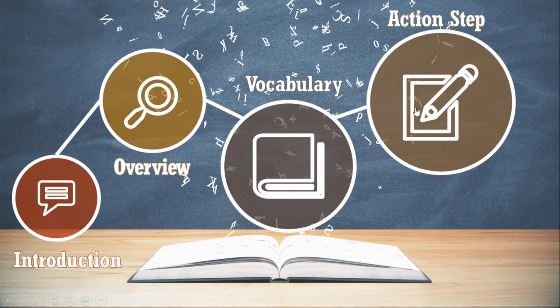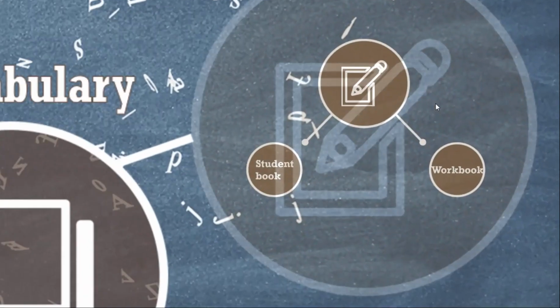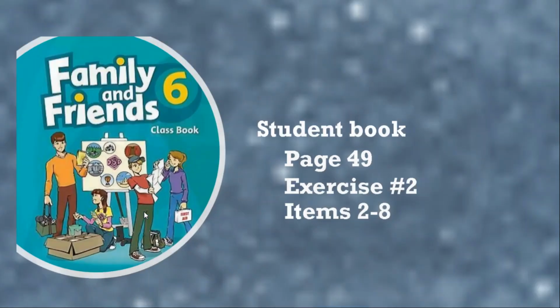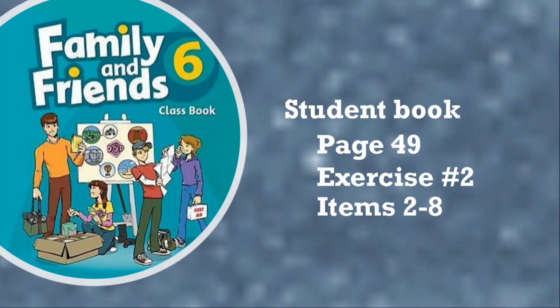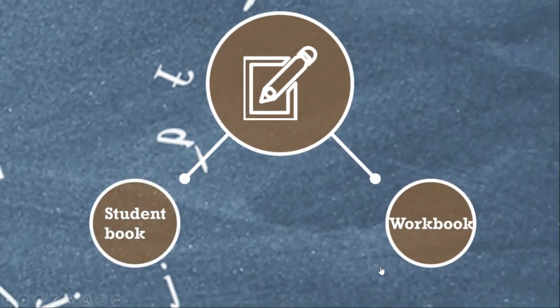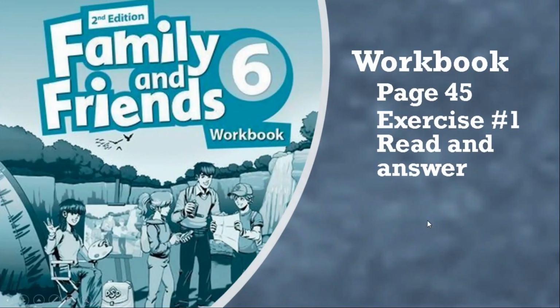Okay, so in our exercise, we have 2 different kinds of exercise. First, in our student book, I want you to answer page 49, exercise number 2. That's fill in the blanks. I want you to answer items number 2 to 8. Okay? After you do that, I want you also to take time, sit down, and answer page 45 in your workbook.